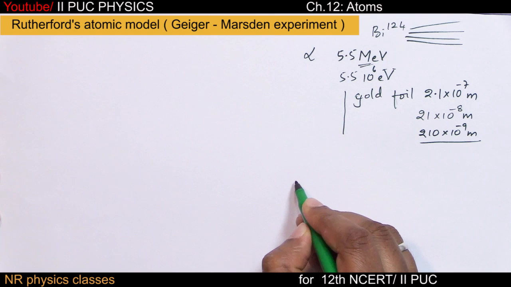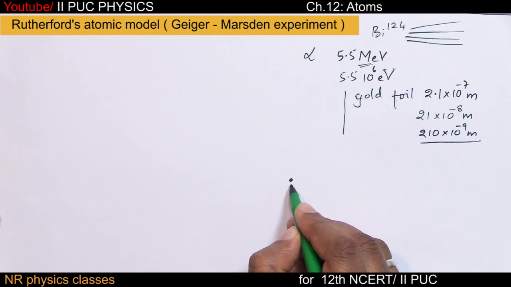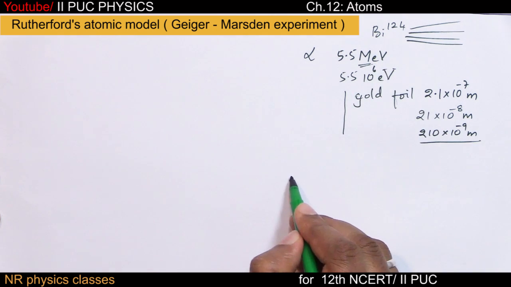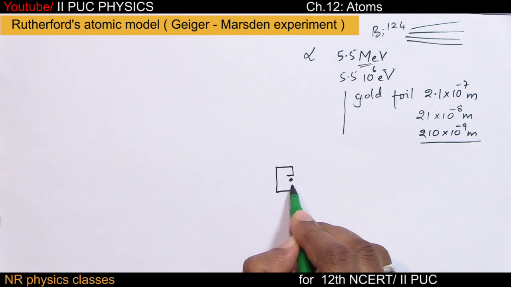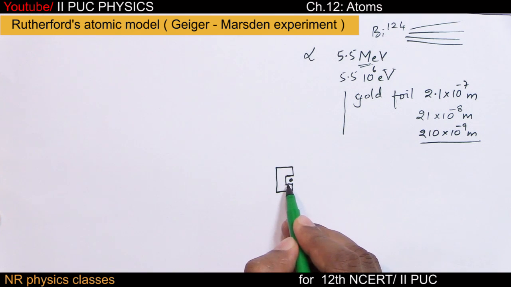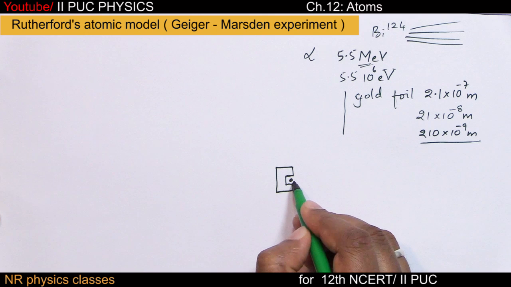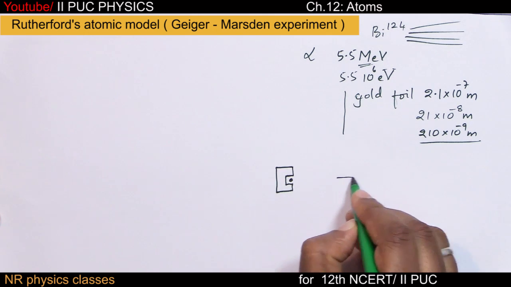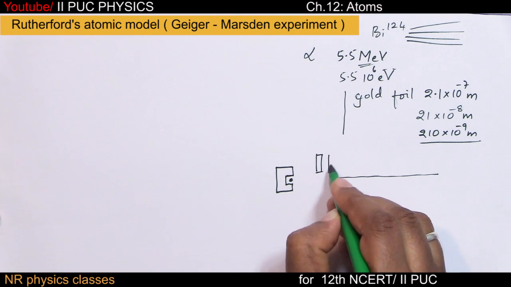Now, if this is a source of alpha particles, bismuth-124, since it is radioactive, it also emits gamma radiation. Usually radioactive elements are taken in lead cases with a small gap, and through this gap alpha particles are emitted. To get a fine beam of alpha particles, lead blocks are used.